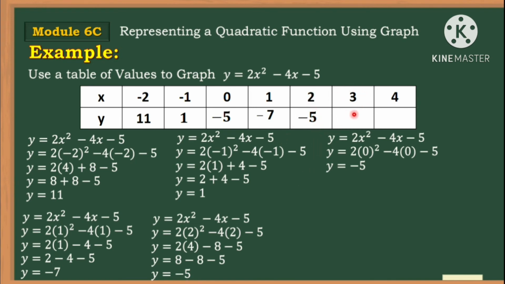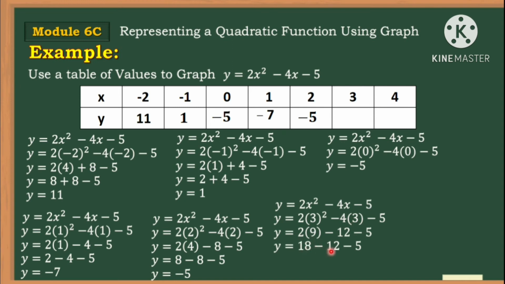Okay, so x ay 3. So, substitute, same din, ganun din ang process. So, 3 times 3, 9. So, 4 times 3, so 12. 2 times 9, 18, minus 12, minus 5. Y is equal to 1. So, ang x ay 3, y ay 1.